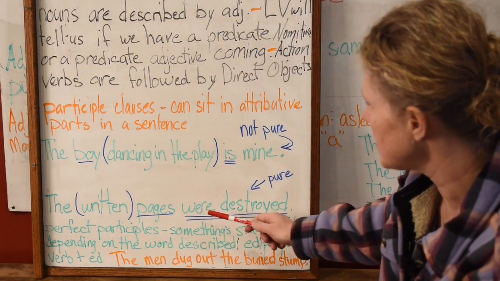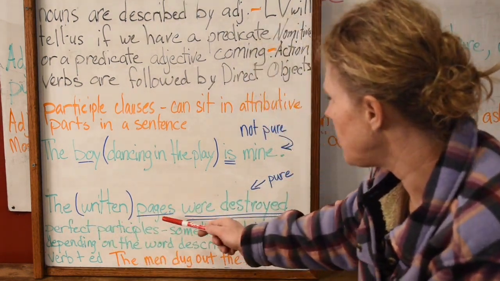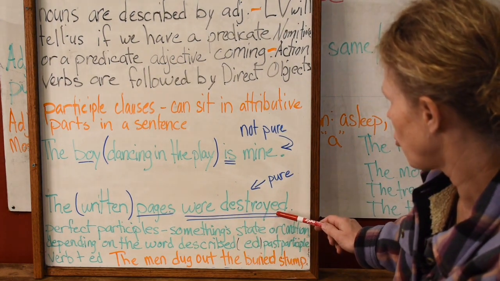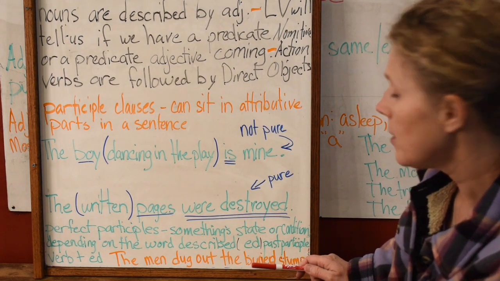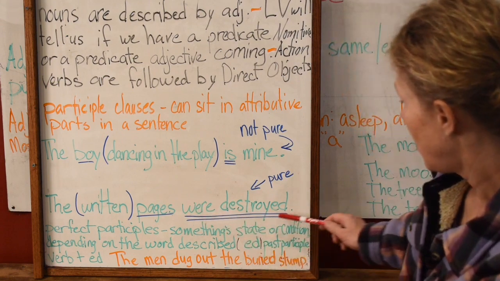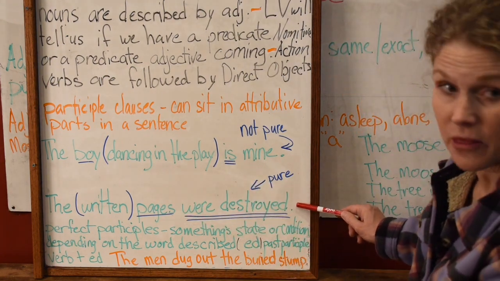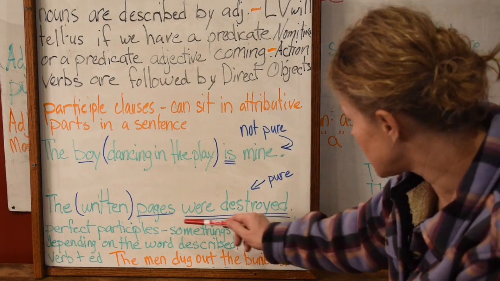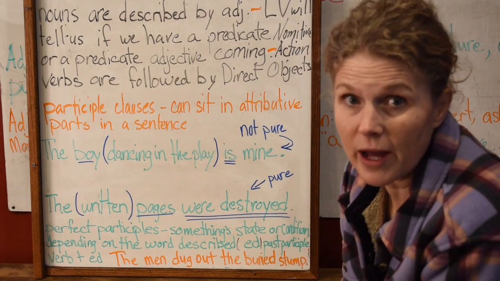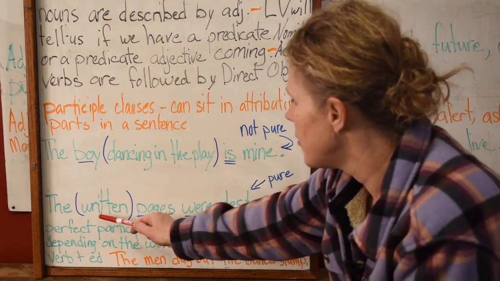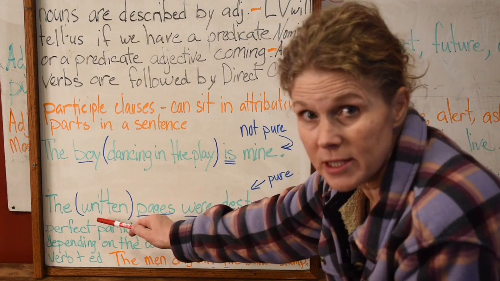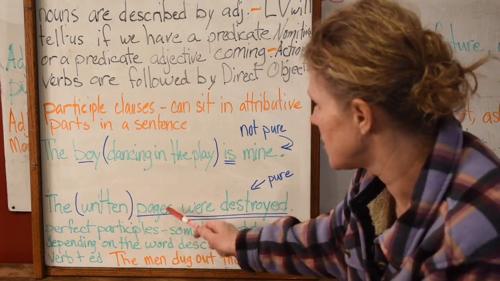Another participle clause, and we have the written pages were destroyed. Okay, so we have a participle right here that a lot of people think, oh, that's its verb. But we have an adjective, it's a participle, acting as an adjective describing pages.